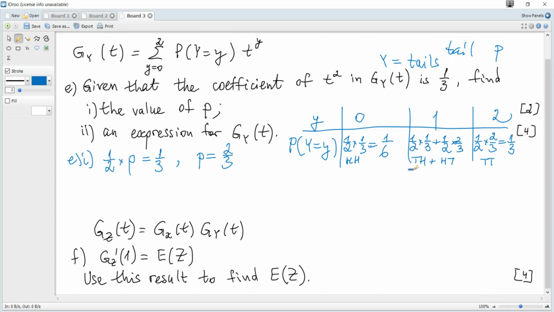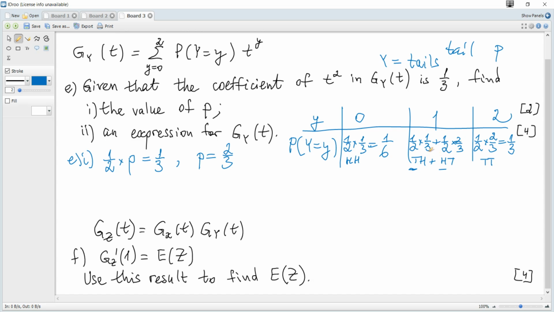For the first, unbiased, the probability to get tail is a half, and for the second the probability to get head is 1 minus p, because p is the probability to get tail, plus a half times 2/3.